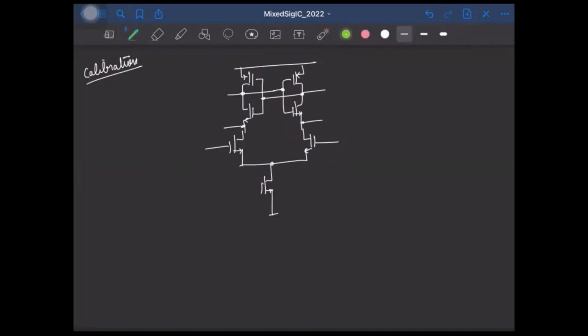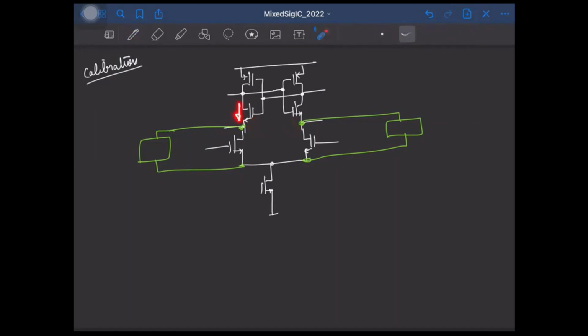So one way to do it is the following. We can have a block here added in parallel to both of these. These blocks will add additional currents to these two halves, so that the total current flowing here will be matched as much as possible.